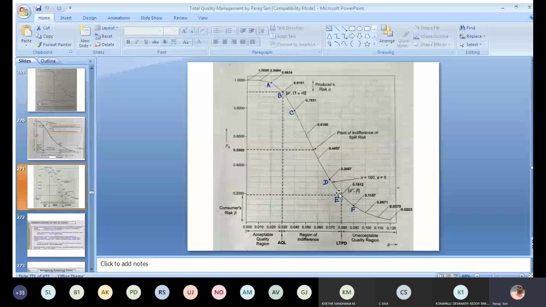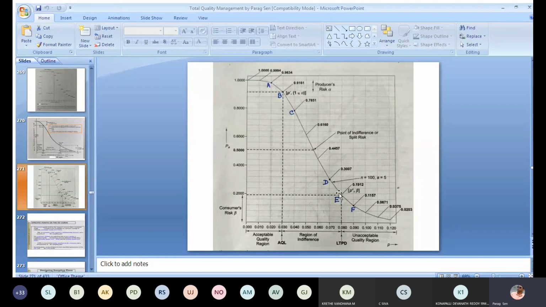I have previously told that producer's risk is expressed by the probability of rejecting a lot, but consumer's risk is denoted by the probability of accepting a lot.